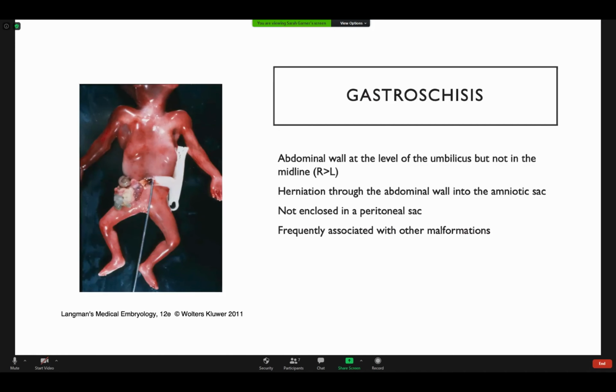Here, this would be a problem in the abdominal wall, and it's typically going to be right at the level of the umbilicus, but it's not in the midline. It's more commonly found to the right of the umbilicus. And what happens is you get herniation of these intestines through the abdominal wall and directly into the amniotic sac.